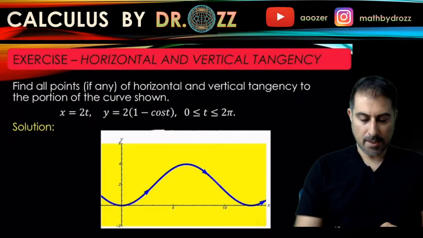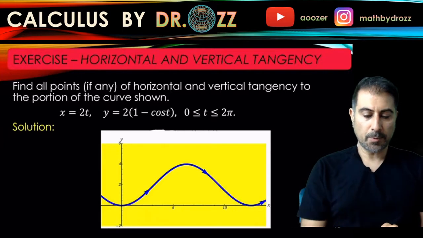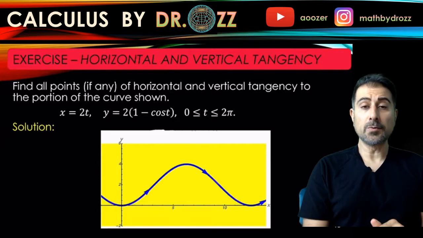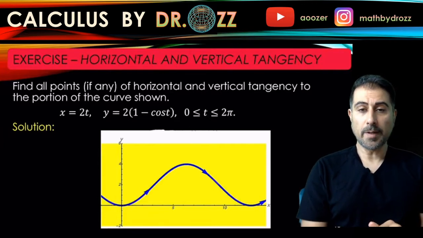All right, let's take care of this. We're going to find all the points of horizontal and vertical tangency to the portion of the curve here. This is a periodic curve corresponding to the t-values between 0 and 2 pi.